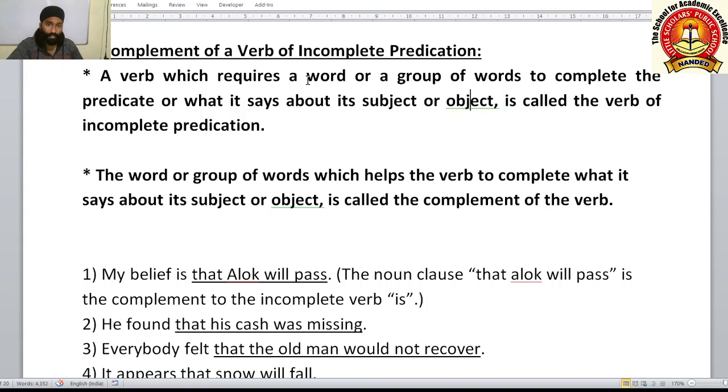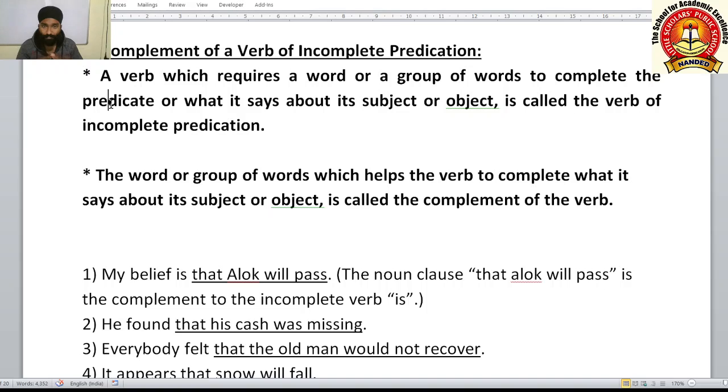A verb which requires a word or group of words to complete the predicate. Subject and predicate are the two parts of a sentence. So to complete a predicate, the verb requires something.